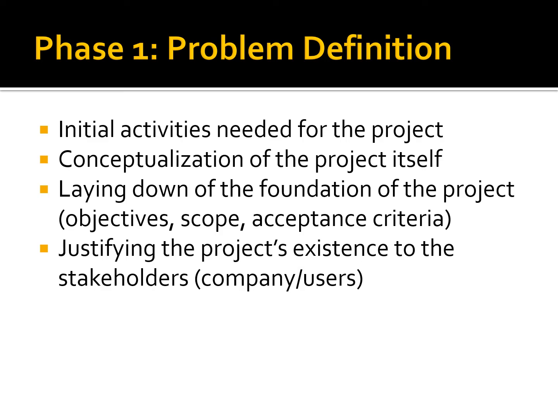It is also where the team lays down the foundation of the project, identifying the project objectives, its scope, and its acceptance criteria. It is also in this phase that the project's existence is justified to the stakeholders. So it is very important that you identify your stakeholders before starting any project.